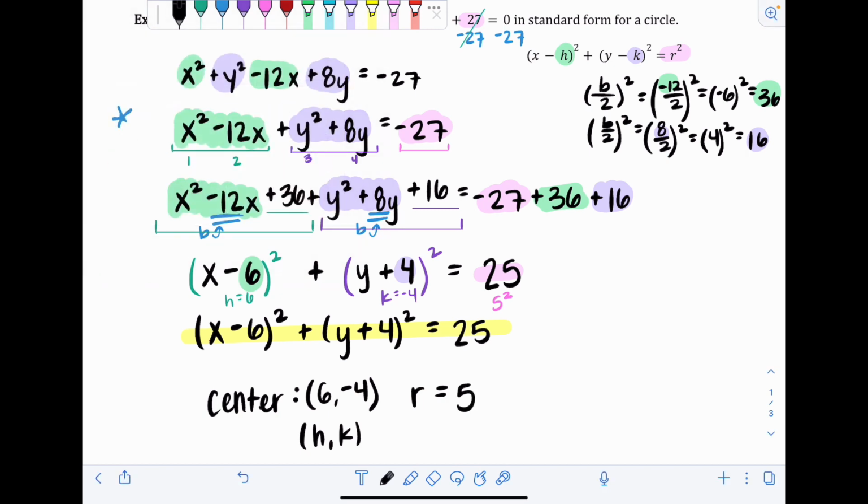But yeah, that number at the end is not just the radius, it's the radius squared. So since the number at the end is 25, and 25 is 5 squared, the radius must be 5. So the equation of our circle is x minus 6 squared plus y plus 4 squared equals 25. And then our center is at 6, negative 4, and our radius is 5.